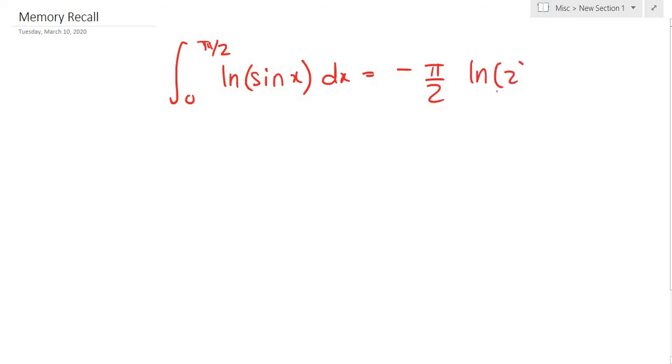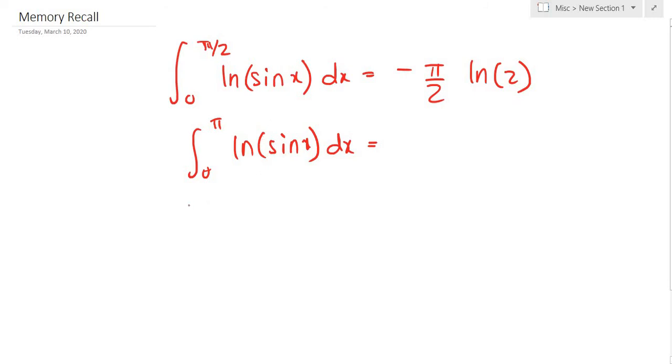In one of the videos, I had calculated the integral from 0 to pi over 2 of the natural log of sine of x dx to be negative pi over 2 times the natural log of 2. Well, instead of going from 0 to pi over 2, we are going from 0 to pi here of the natural log of sine of x dx.